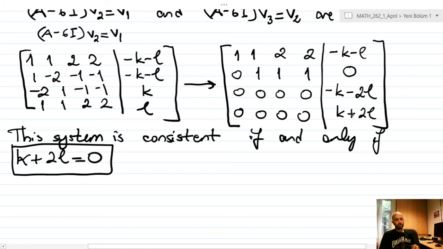If it is not 0, you have some bad equation here. If it is 0, both of these are simultaneously 0. Notice that this is the negative of k plus 2l, so the 0 rows don't cause a problem. So this condition is non-trivial, but it still leaves some room to get something.